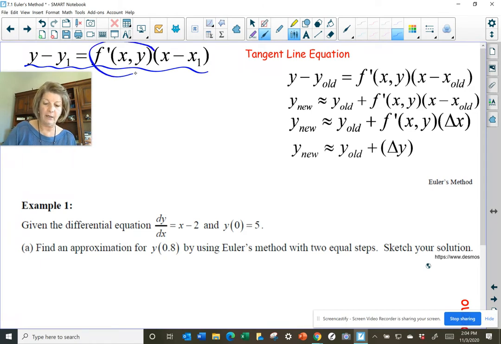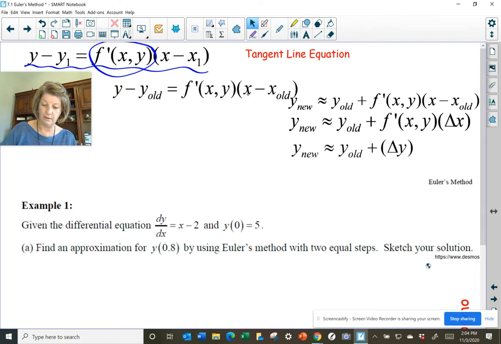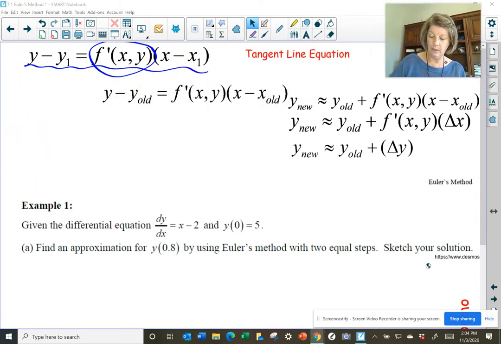I'm indicating here that I have a derivative based on x and y values. It could just be one or both of the variables. And then I'm going to take and just kind of reclassify some of those numbers.